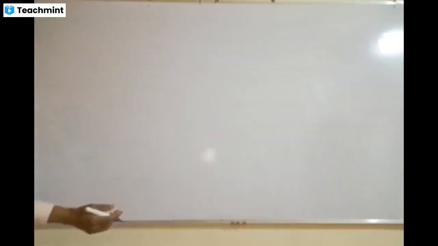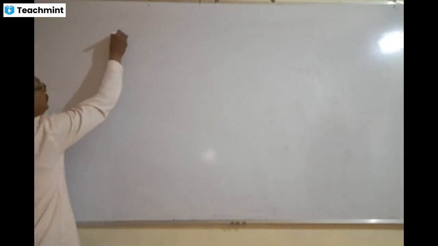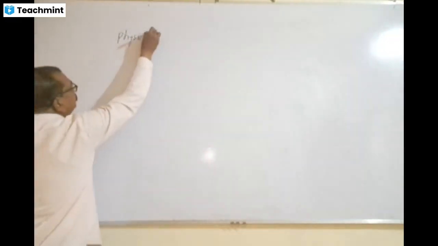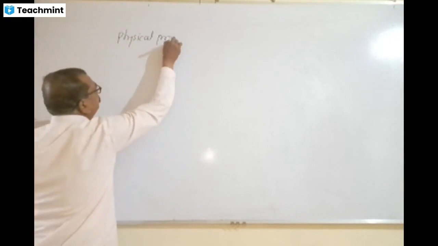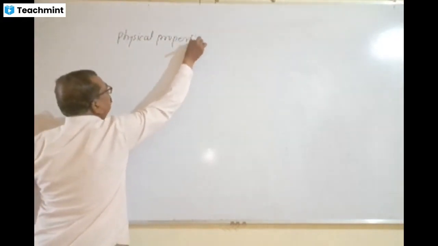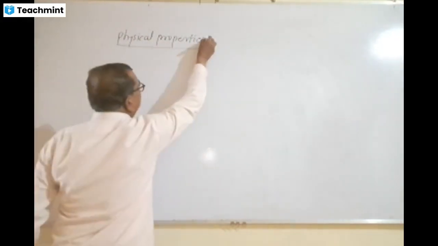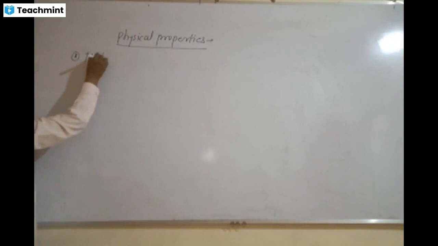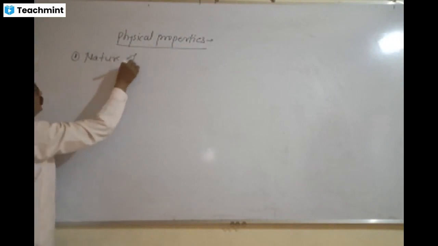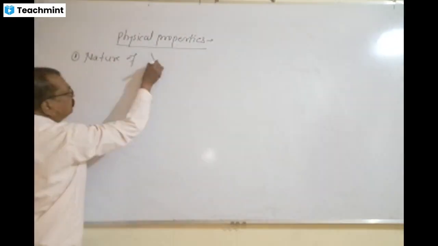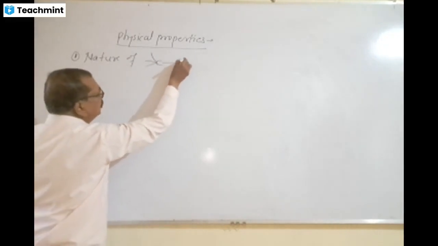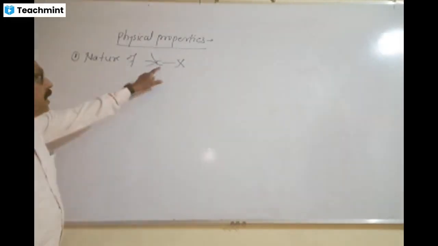Some important physical properties of halogen derivatives. Physical properties. First important physical property is the nature of the C-X bond, that is, the carbon-halogen bond.